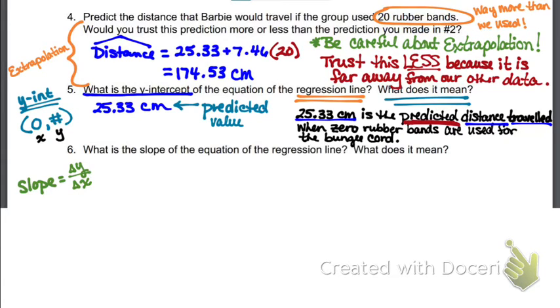So 25.33 centimeters is the predicted distance traveled. I have to have this 0 in here, and rubber bands is our x variable. So it's 0, whatever my x variable is. Distance traveled is my y variable. So far, so good?